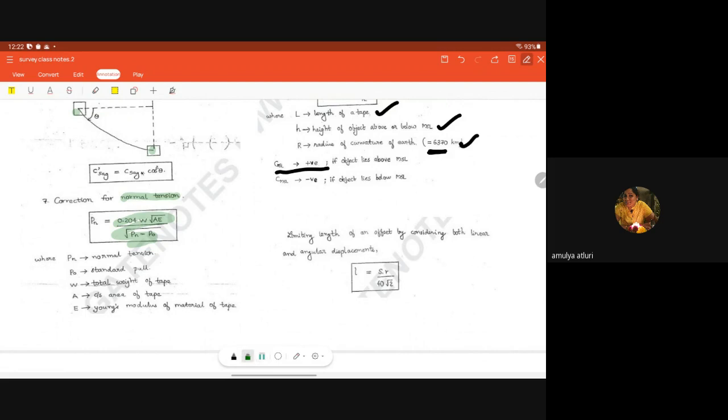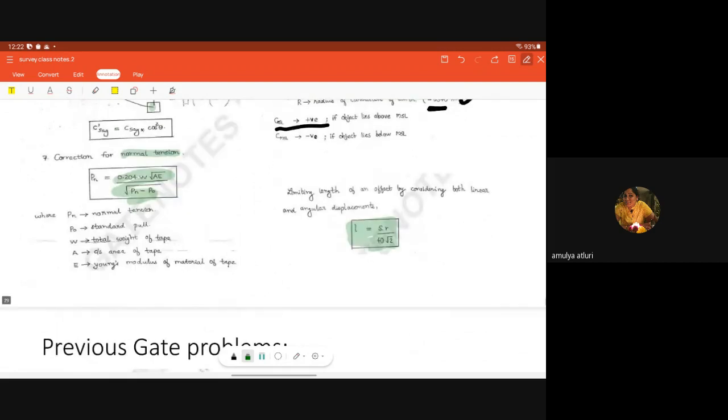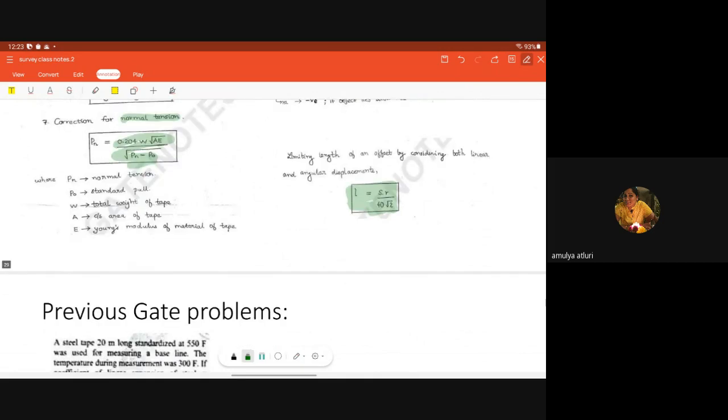That formula is given as limiting length of offset L is equal to S into R divided by 40 root 2. You need to remember this. If limiting length of an offset by considering both linear and angular displacement, this is the formula. L is equal to S into R divided by 40 root 2.